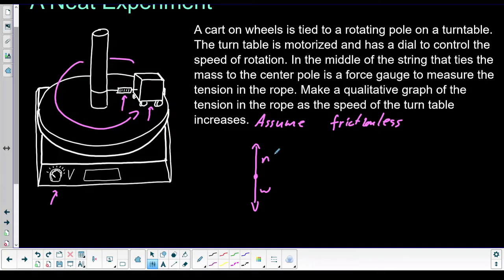There is no friction, and this rope is going to pull along the axis of the rope. And if my turntable is on, this thing is going to fly off the edge, right? So the rope must be pulling towards the center of the pole. So we're going to put our tension this direction. Okay, so here's our force diagram.